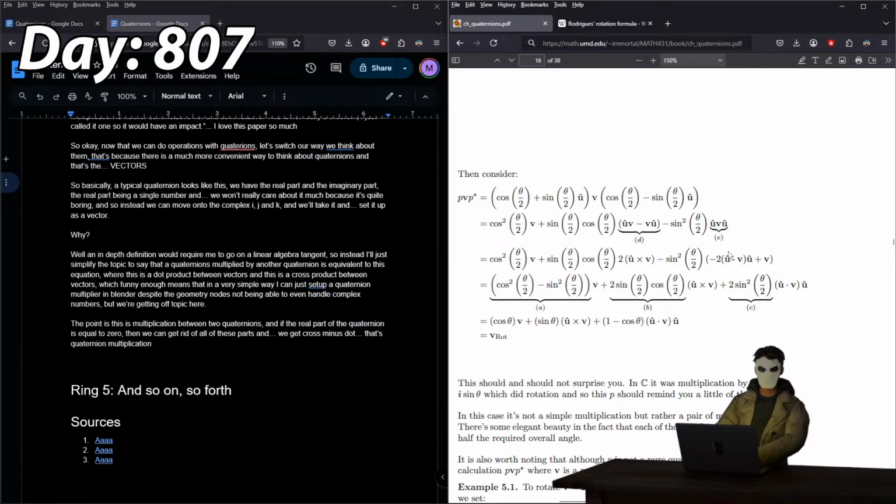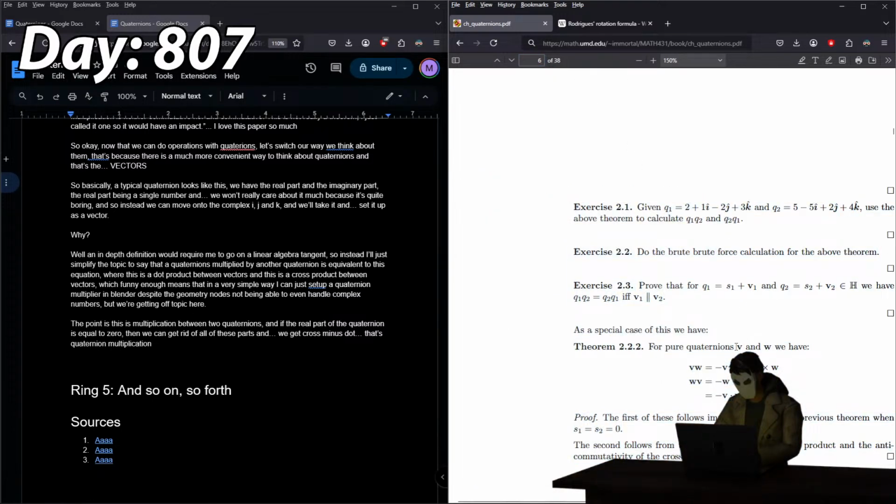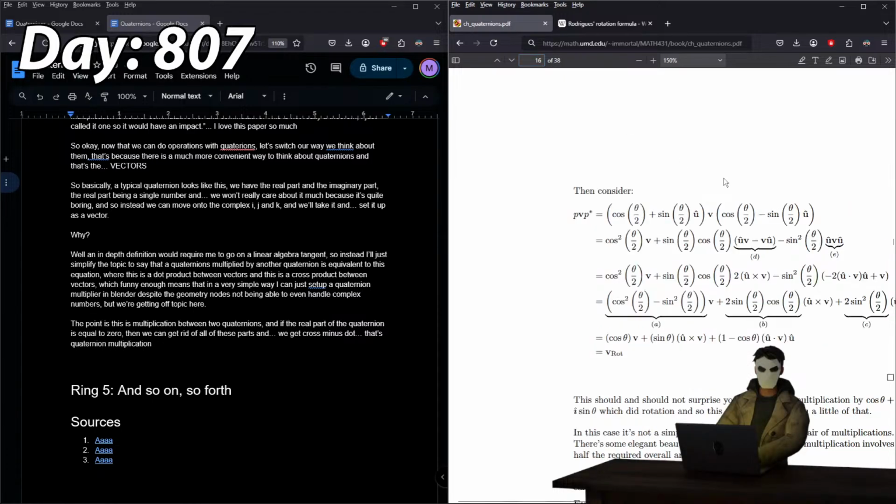Then right here, we do typical quaternion multiplication, I imagine, I hope. We need to go through it step by step. u times v gives us u dot v, right? Or is it minus u dot v? It is minus u dot v plus u cross v.